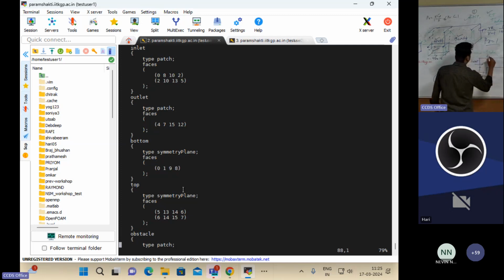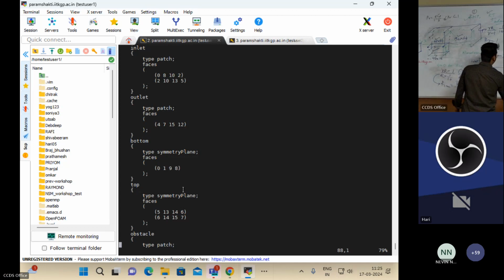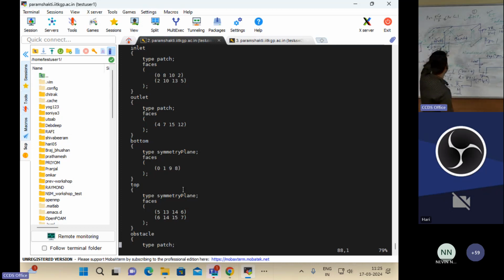This is top, again symmetry. And this is outlet. I don't have the time to explain how the faces are selected. If you plot those points, make a good diagram out of it, number these points, and then select those particular faces, you may come across these entries, right? So this is already there in the default settings.